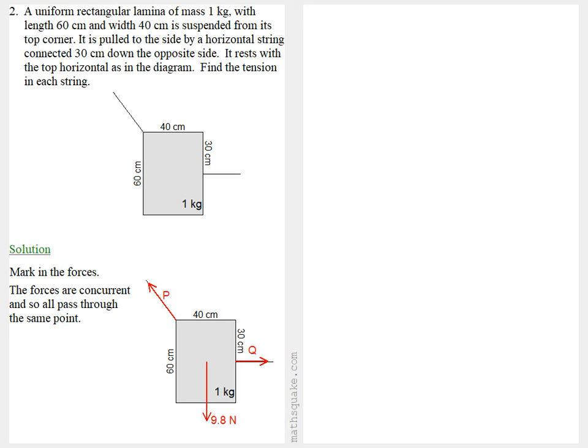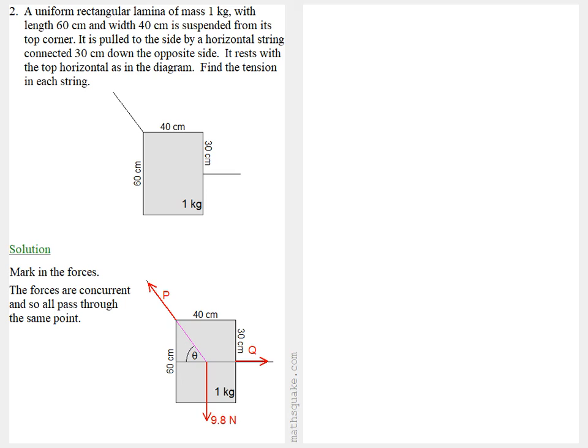Since there are three forces and the lamina is in equilibrium, the three forces must be concurrent and all pass through the same point. Now, if we extend them, both Q and the weight pass through the centre of the rectangle, and so P, extended, must also pass through the centre of the rectangle.